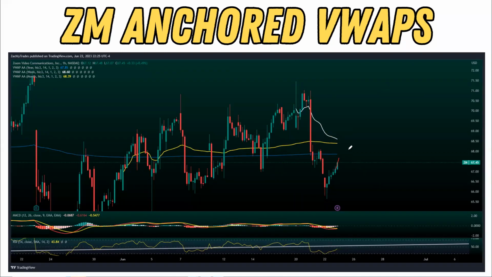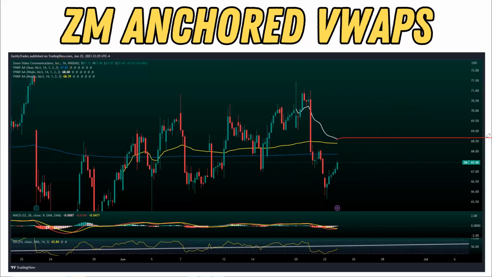But if we can get back above these, and we start to see the yearly curl up and the monthly curl up, and we're able to get above this weekly, those are going to be some key areas to pay attention to, and some key signals that we could start getting an uptrend. This is going to be on a smaller time frame. We're looking at the 1 hour chart right now.